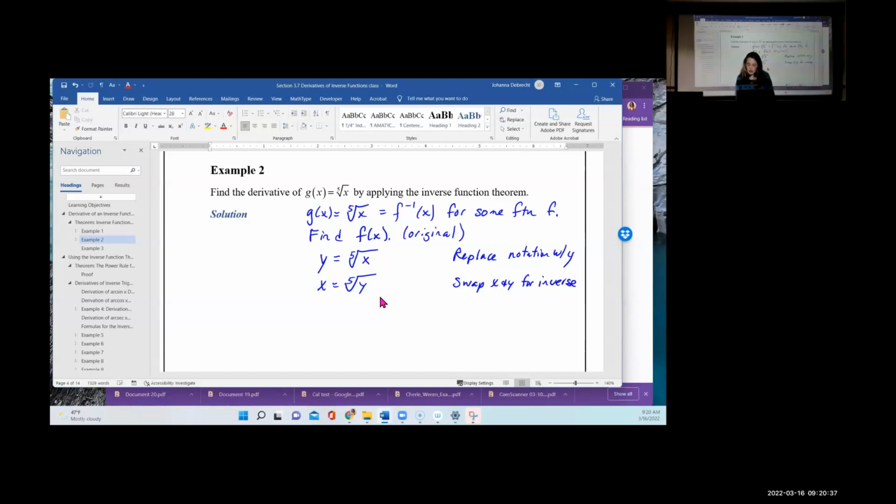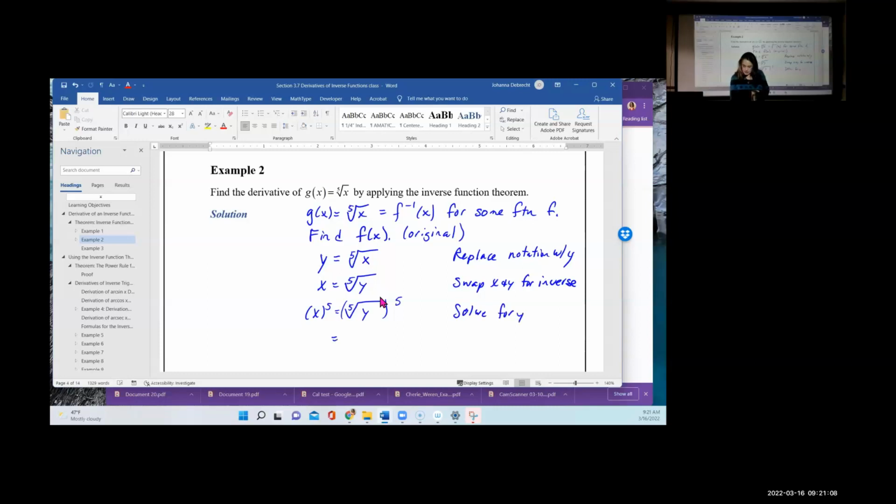And now we need to solve for y. So we're going to have to raise both sides to the 5th power. Now, raising to the 5th power is not risky because the power is odd. If it were even, it would be more risky because we would lose information about whether it was positive or negative. But when it's odd, we don't have to worry about that. So now we are simply going to solve for y.